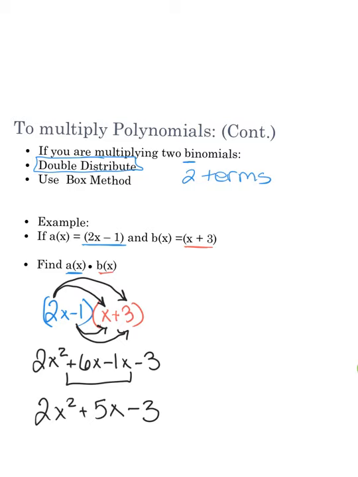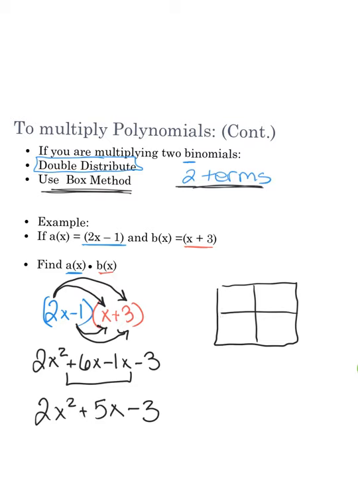The other method that some people and some kids really like is called the box method. Since I'm talking about two terms, I'm going to make a 2 by 2 box. On the top, or going down, it doesn't matter, I'm going to write the first one, 2x minus 1.